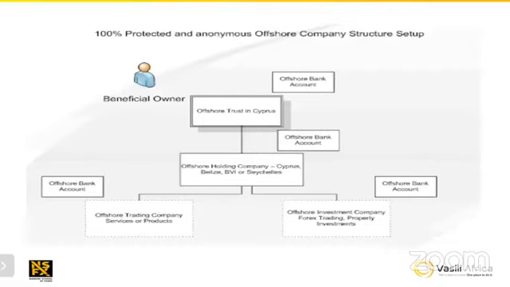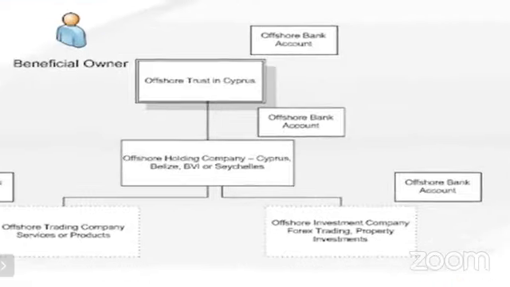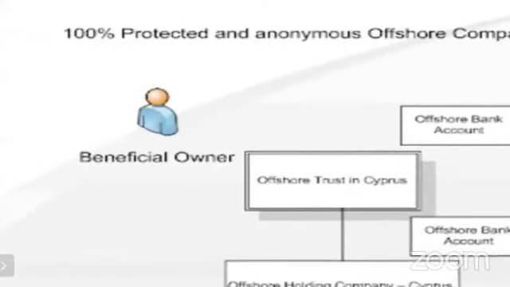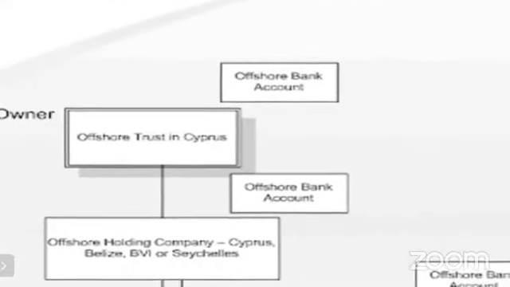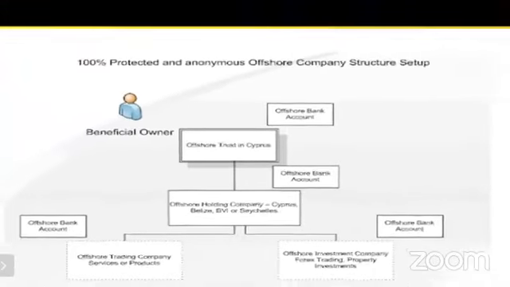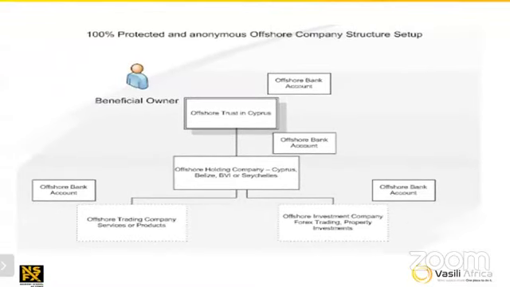Okay. So here you can see a general structure of how a company might set up its offshore operations. Okay, you have the owner setting up a trust in Cyprus, okay, then opening an offshore holding company in Seychelles.